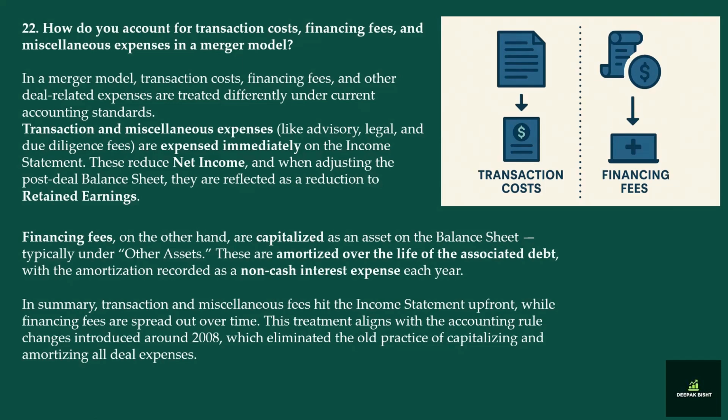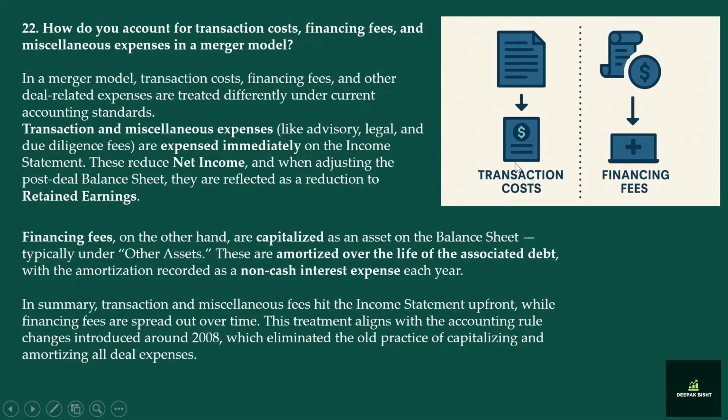But with the new accounting rules, these costs started to be treated differently. Only some of them were being expensed and some were being capitalized. So now what we do is, the transaction and miscellaneous fees, we expense them immediately. The financing fee, we capitalize and amortize.